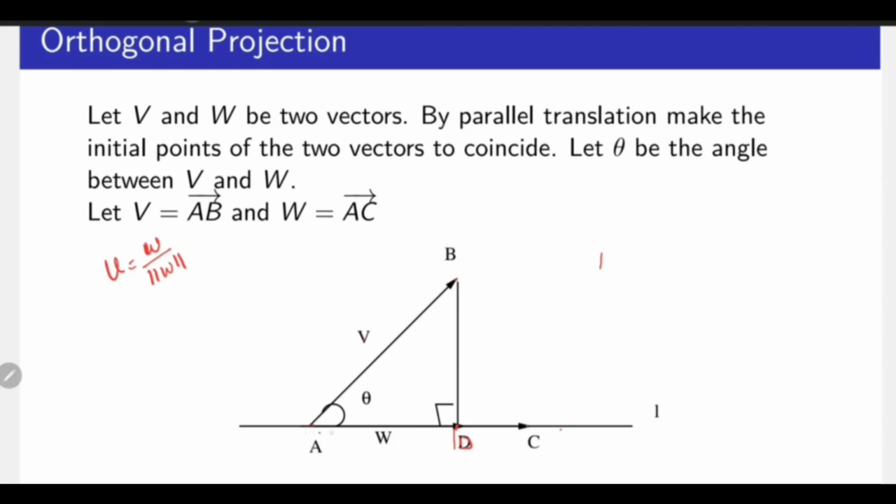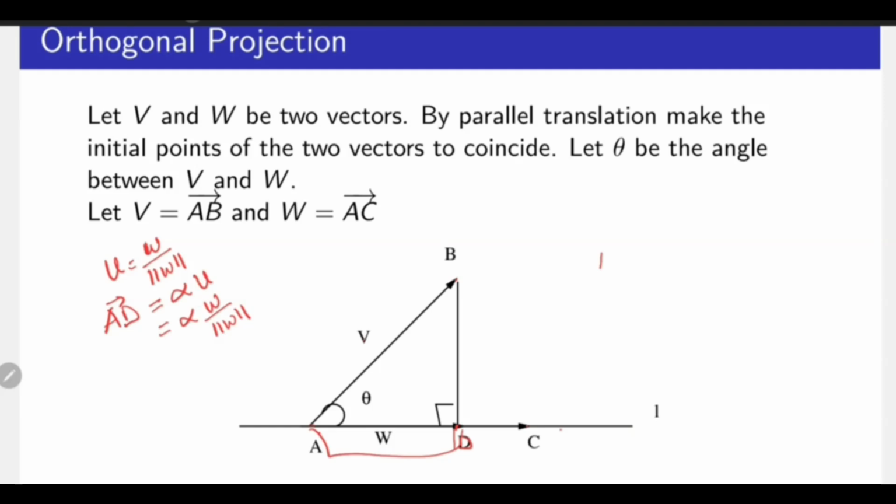So using this unit vector we can write the vector AD, this one here, as some scalar alpha times u, which is given by alpha times w divided by norm of w. So what is that alpha?